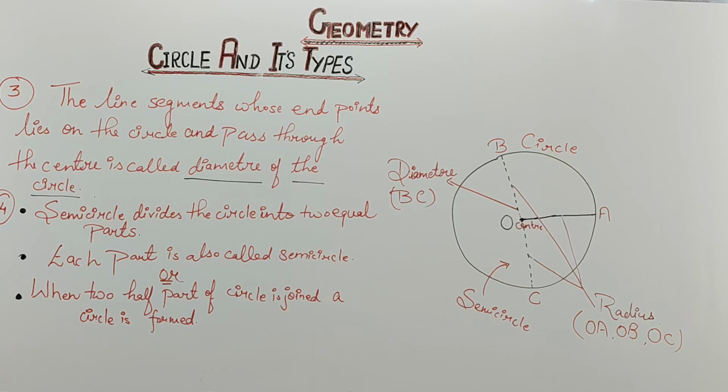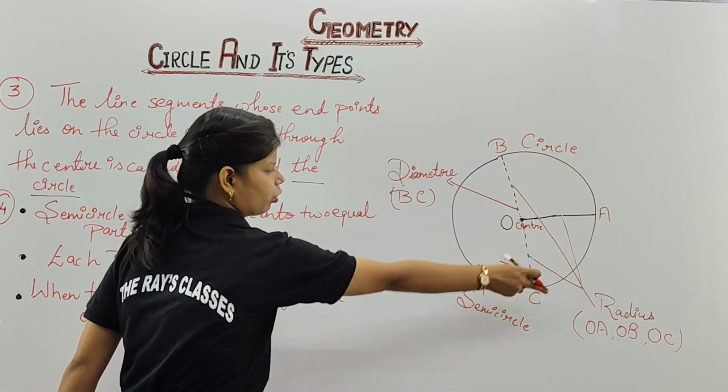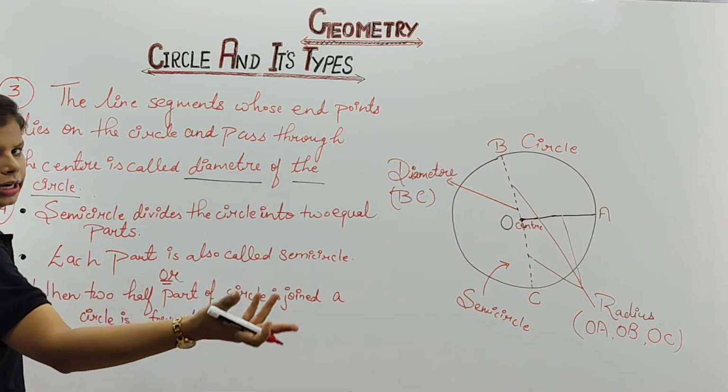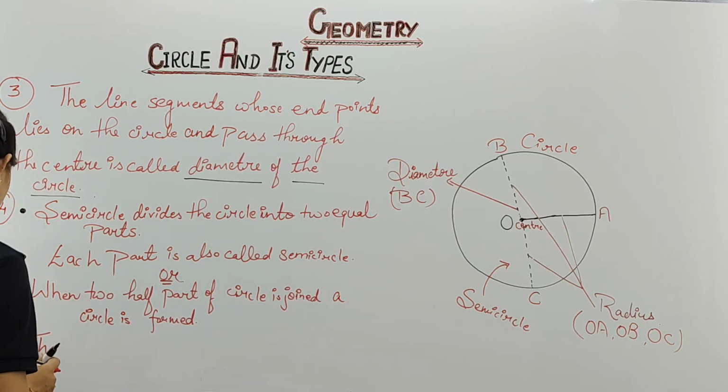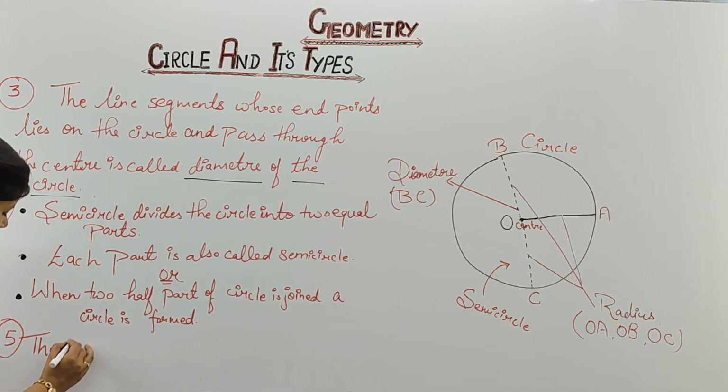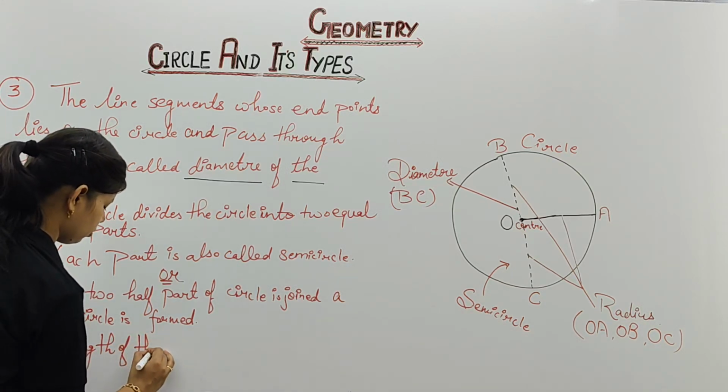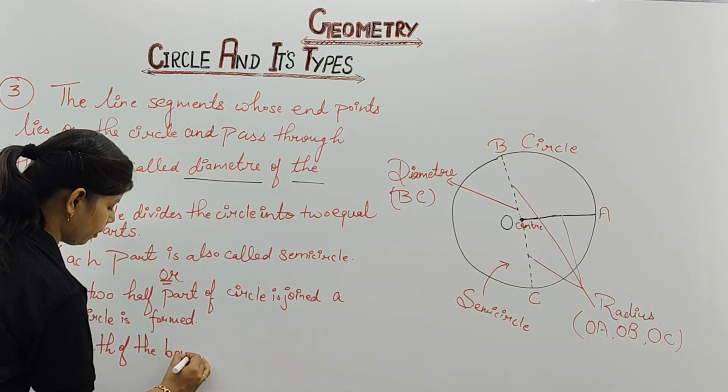And last we are having circumference. Circumference is what? The outer length of the boundary. The length of the boundary is called its circumference. You will write here, fifth one: the length of the boundary of a circle.